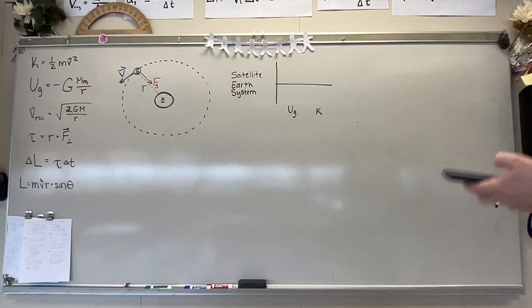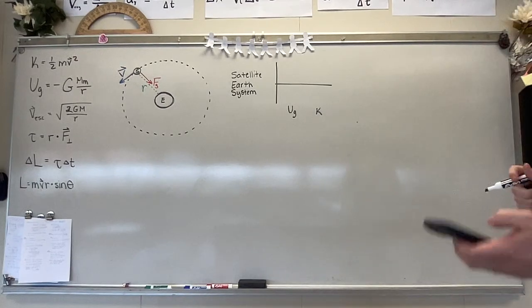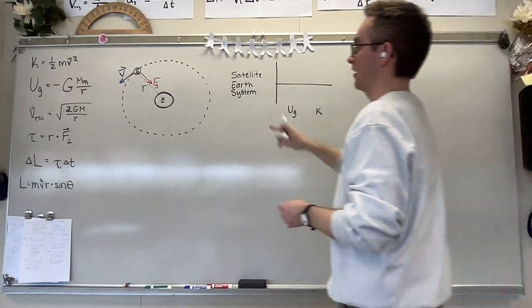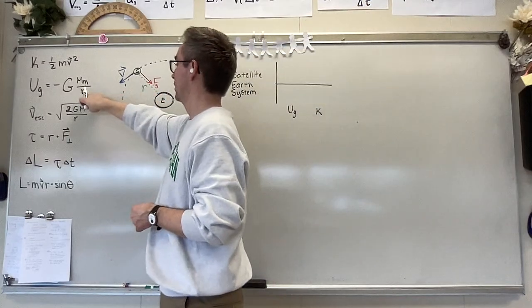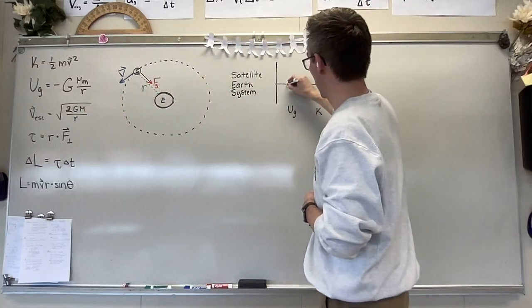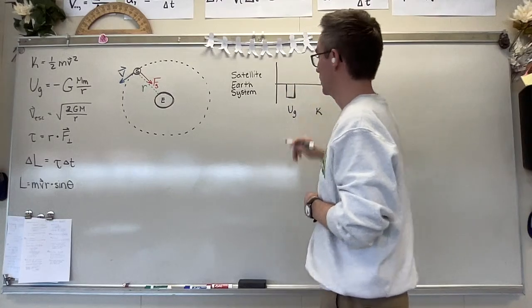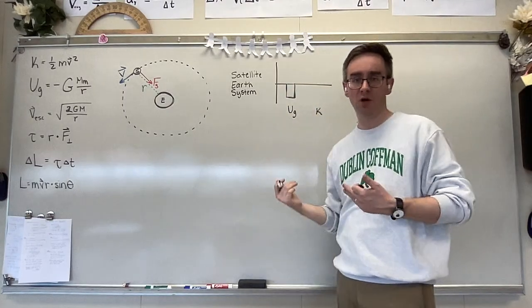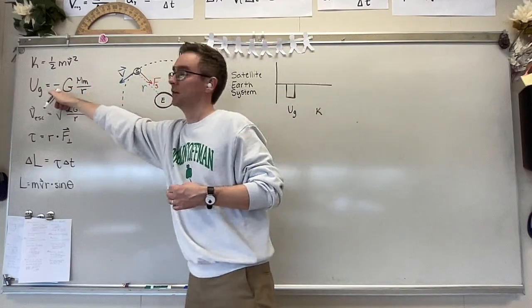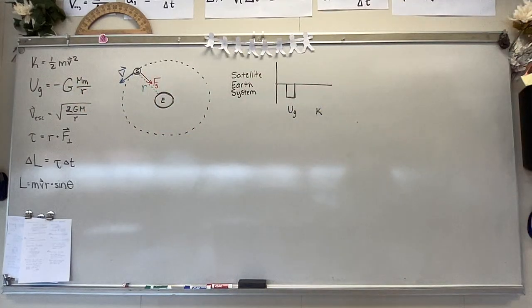Since that gravitational potential energy is based off of that r value, at this point right here we have a certain amount of gravitational potential energy. It's just going below in the negative because of that negative sign, as it's trying to go in towards infinity there.